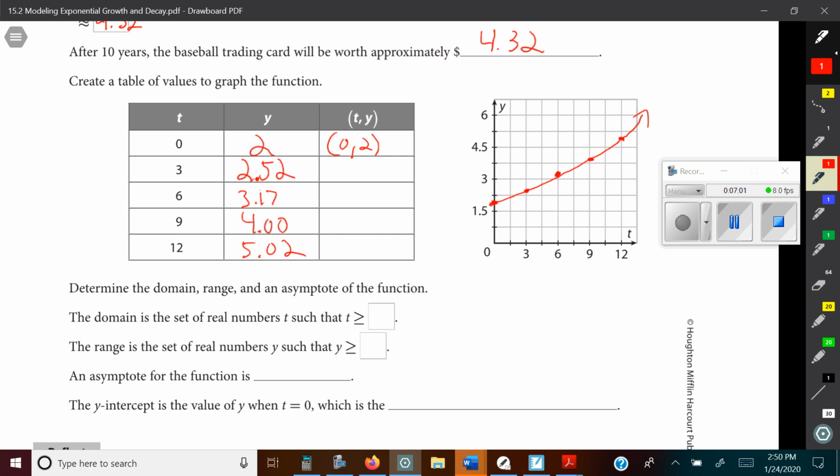We start here with 0, and the 0 represents the time. Over here on the y-axis is how much money, so at 0, when you first get it, it's $2. You're not going to have a negative time, so t is greater than or equal to 0.